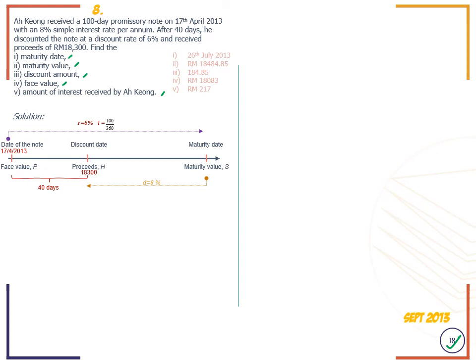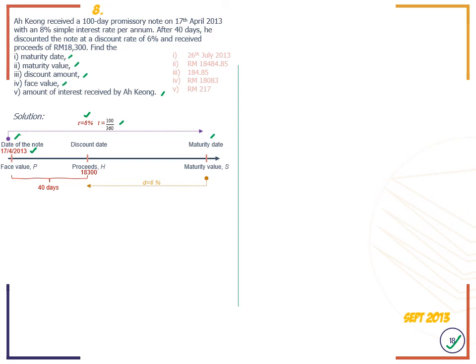So first step, sketch the timeline as follows, where according to the question, the date of the note is 17 of April 2013. Given simple interest rate is equal to 8%. The length from the date of the note until the maturity date is equal to 100 days, and then convert it in terms of years, so 100 divided by 360.